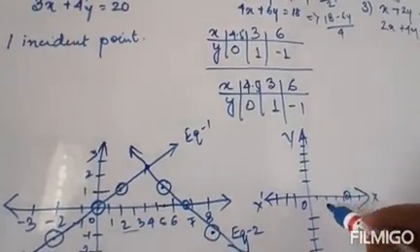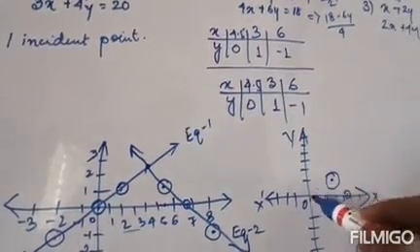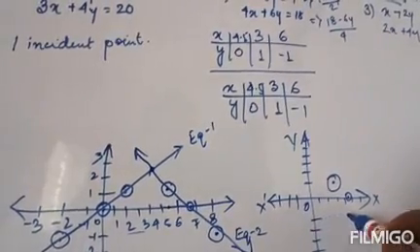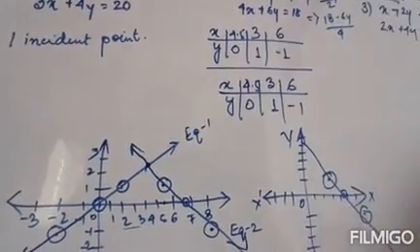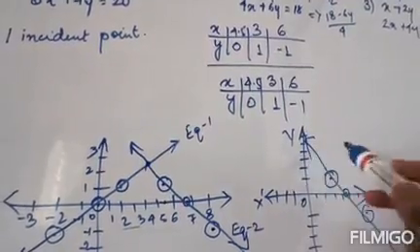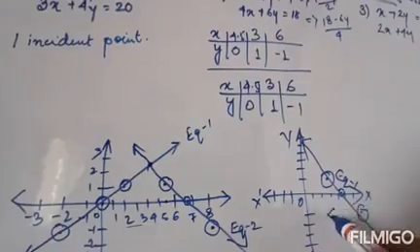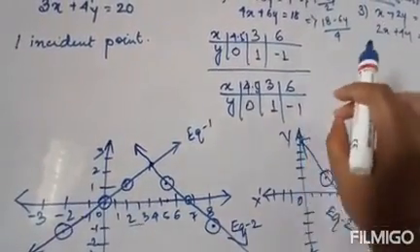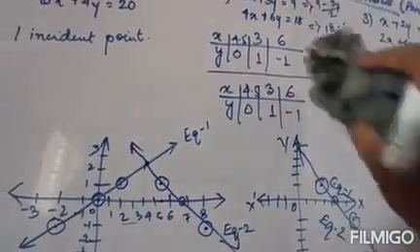Second one, y is 1 and x is 3, which means somewhere over here. And y is minus 1 and x is 6, which means somewhere here. And similarly I have the same points for this one also. So that means equation 1 and equation 2 are both the same line. The points of equation 1 are falling on the same line, and the points of equation 2 are also falling on the same line.